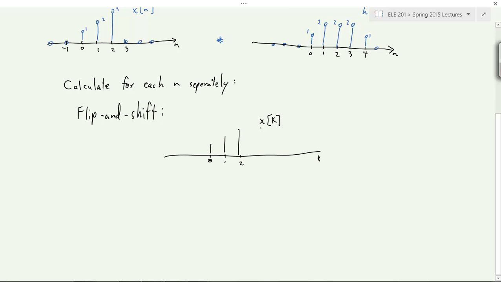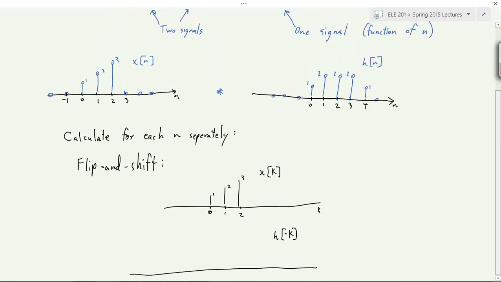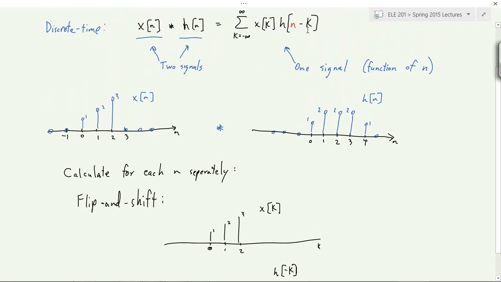Okay, there's x of n. And let's draw h of negative k. Why are we doing that? Because you'll notice in this sum, what we actually need to sum is h of n minus k.